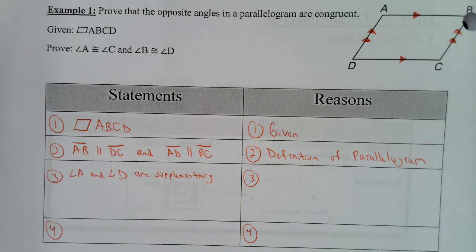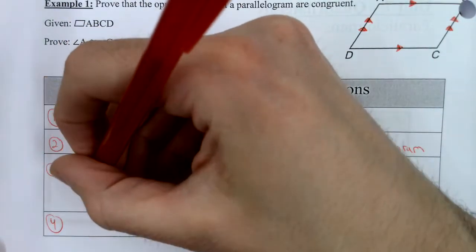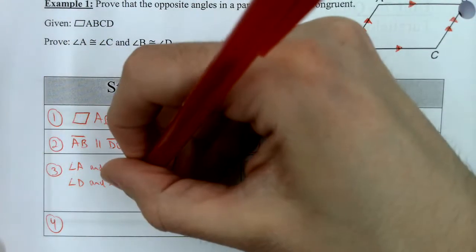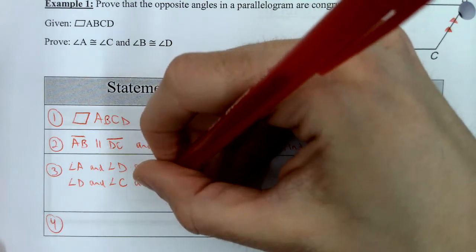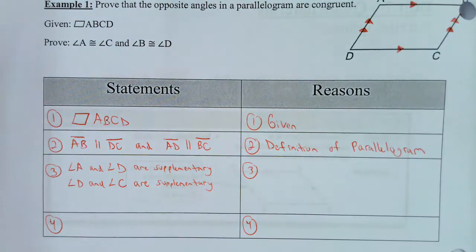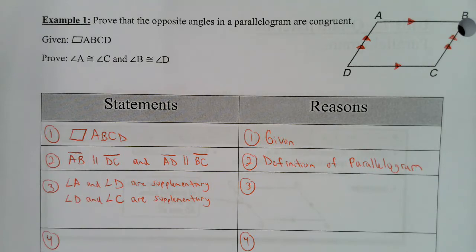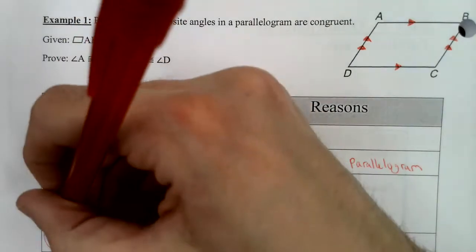Also notice that angle D and angle C are supplementary because they're also consecutive angles. Also notice that angle C and angle B are supplementary because they're consecutive angles.